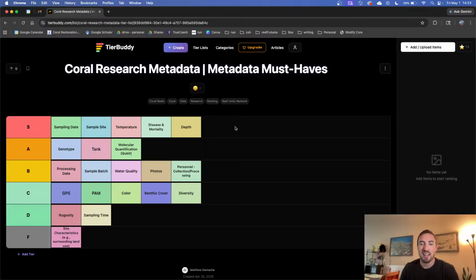Coral species tier list. I had a feeling you would like that one, Eli. I think we all know where we'll put the acroporids. I don't know enough about the Pacific species to really rank them. So we'll probably have to do the Caribbean ones, but there's too many of the Pacific too. That would take all day.